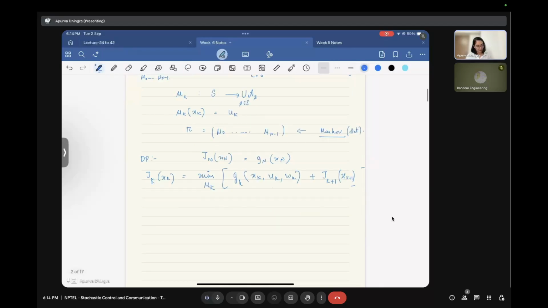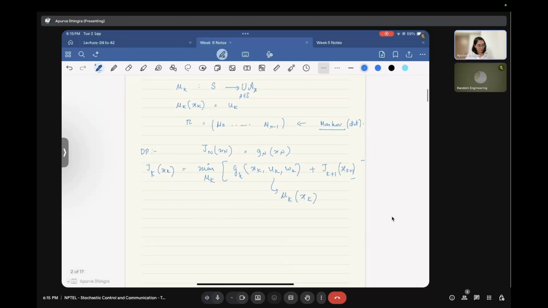Here by default this uk was coming from some function mu k, some policy, and it was just dependent on xk. Similarly, here x k plus 1 is some function that defines the dynamics of the problem. Again, there is uk coming up, which comes the same way.